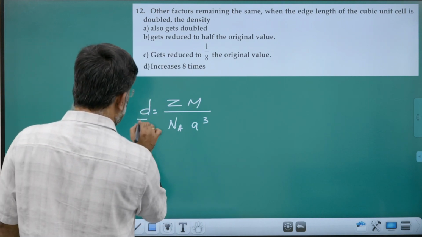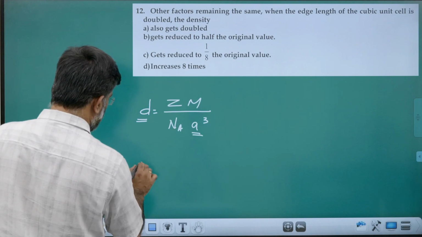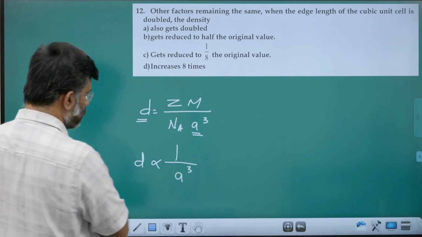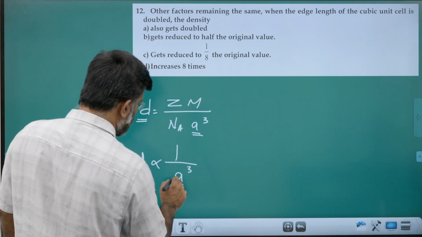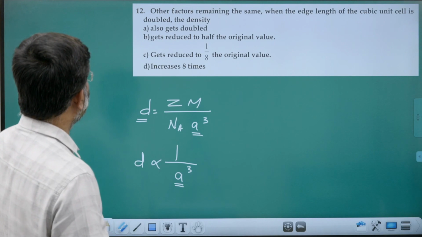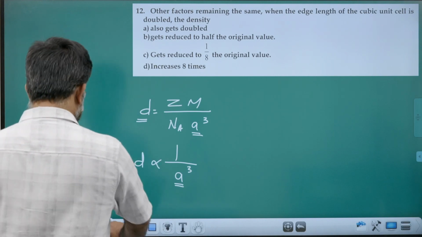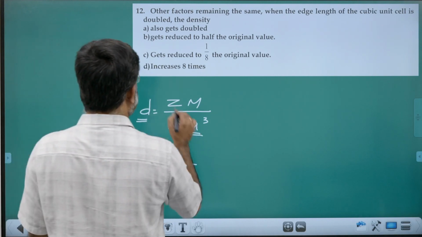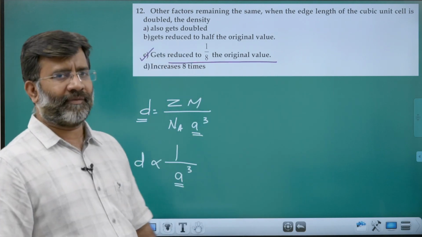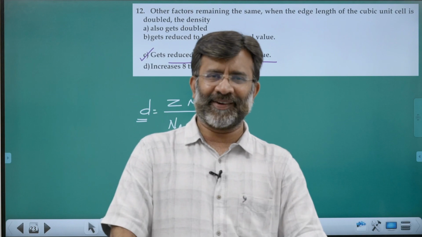We are talking about this and this. So what is the point? D is proportional to 1 by a raised to 3. When you are doubling this, it is 2 raised to 3. It will become 1/8 times. Option C, it gets reduced to 1 by 8 of the original value. Option C. Okay, next.